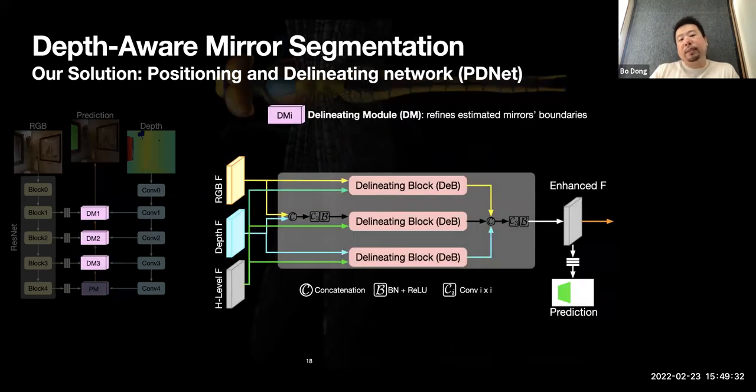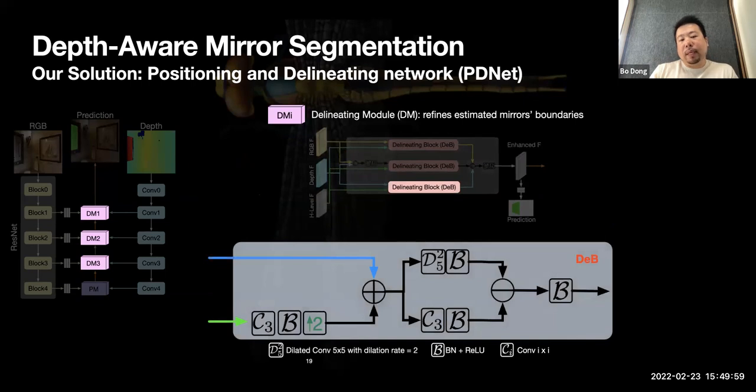Once we have this initial position of the mirror provided by the PM module, then we can leverage the delineating module to refine the boundary of the mirrors. Since we have two domains, the RGB domain and the depth domain, and also the feature from the high-level module, here we just combine them together, which is similar to the discontinuity perception module.